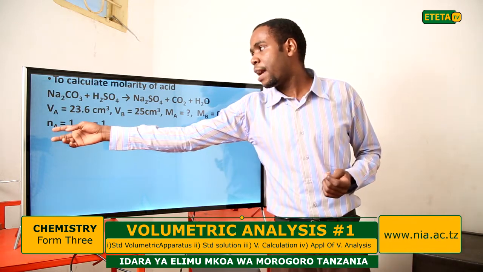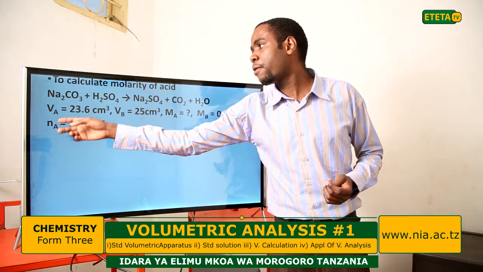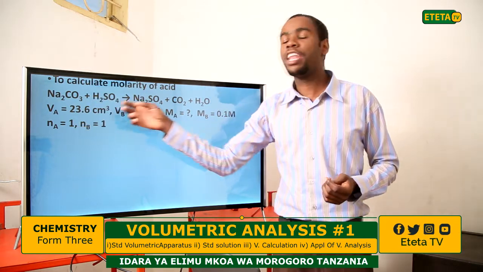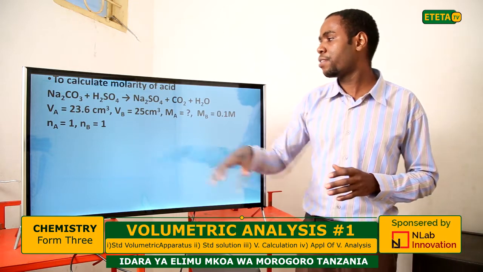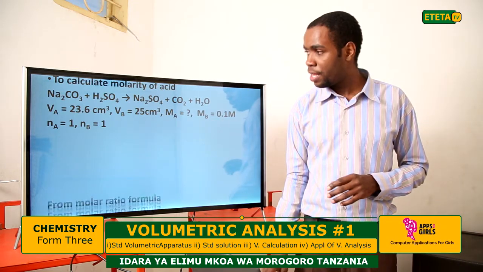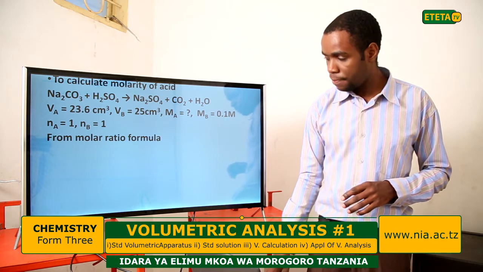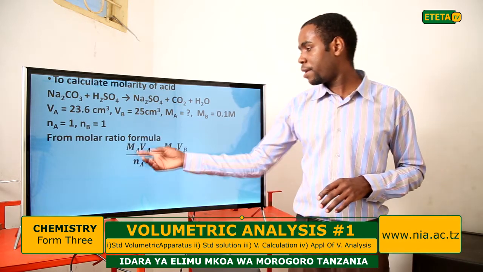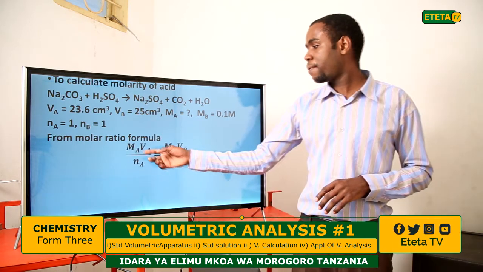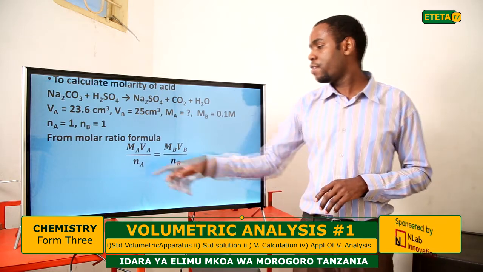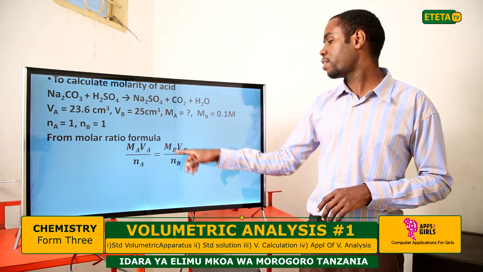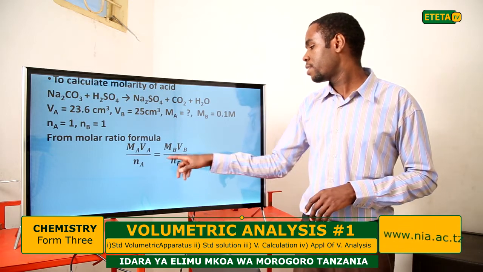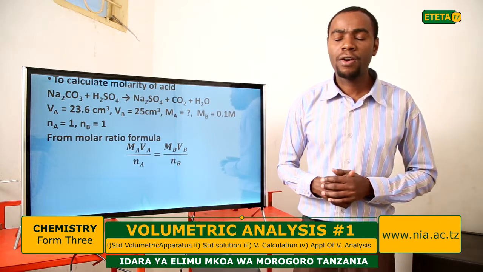After balancing the equation, the number of moles of acid here will be 1 and the number of moles of base here will be 1. Now these are the data. Then from the molar ratio formula, molarity of acid times volume of acid divided by number of moles of acid is equal to molarity of base times volume of base divided by number of moles of base.